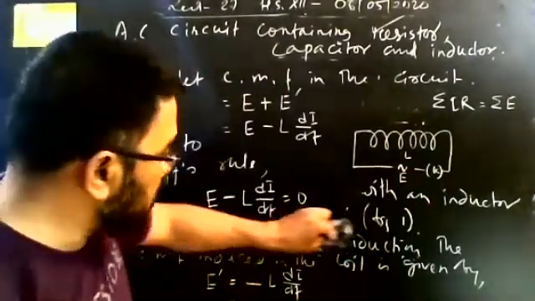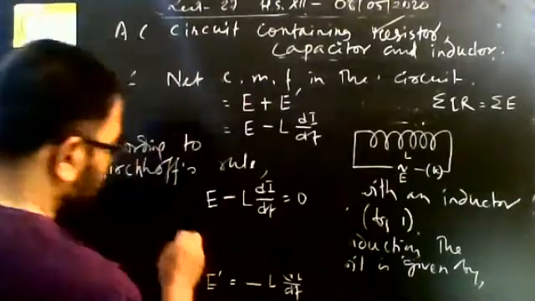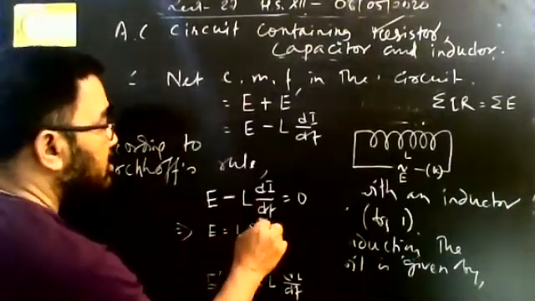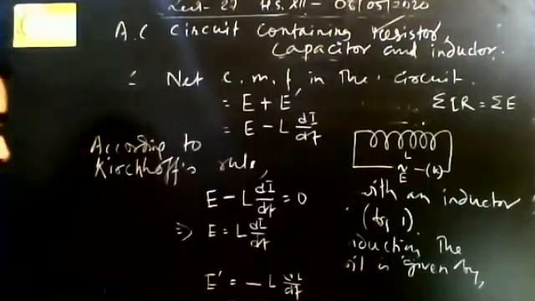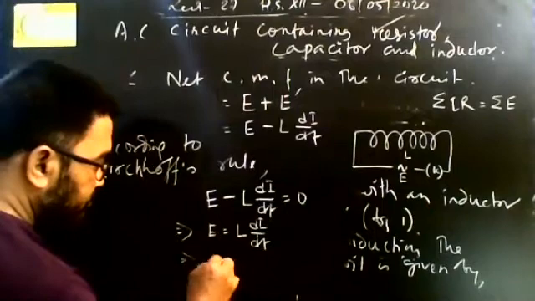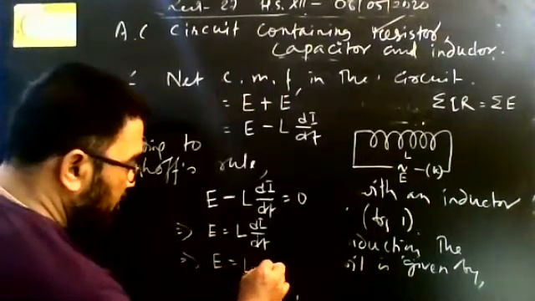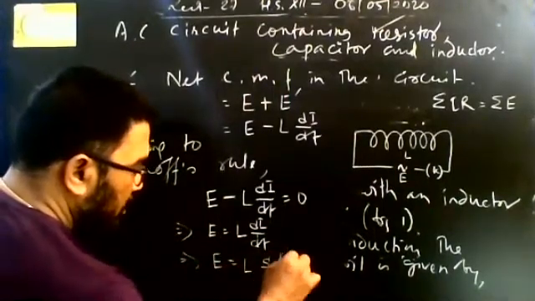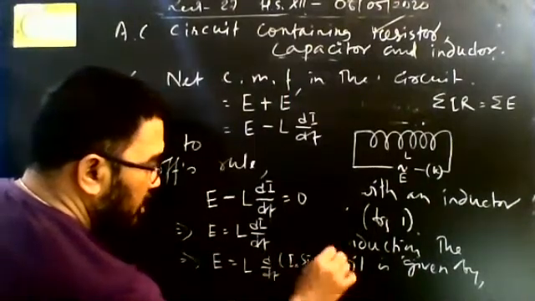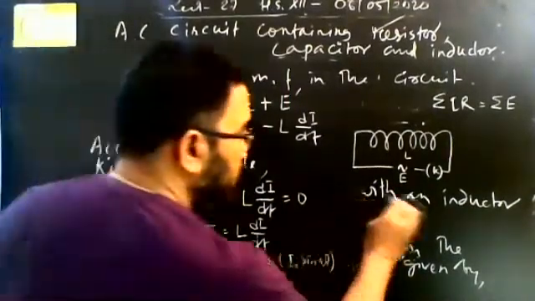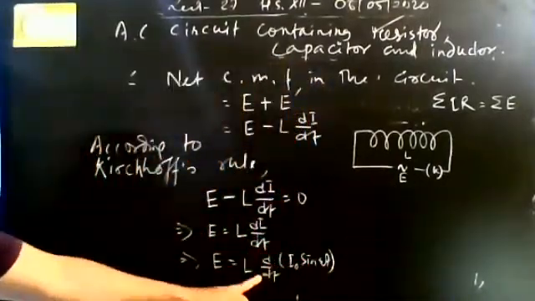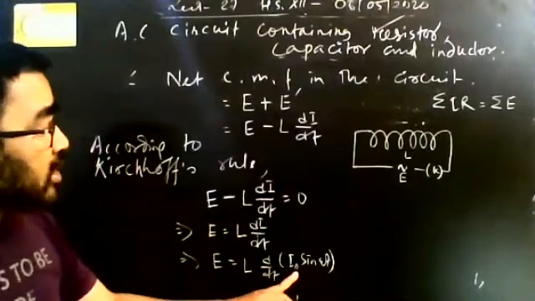So from this equation, what do we get? We get that E is equal to L di by dt, right? So if you put the value of I, as you know, I is equal to I naught sine omega t, and now you have to differentiate I naught sine omega t.